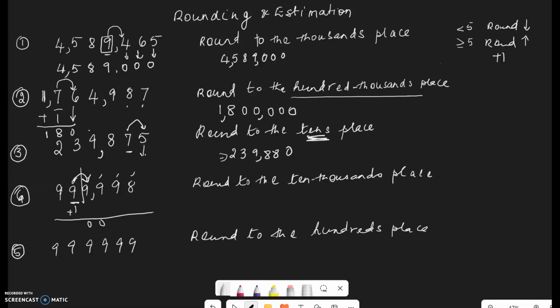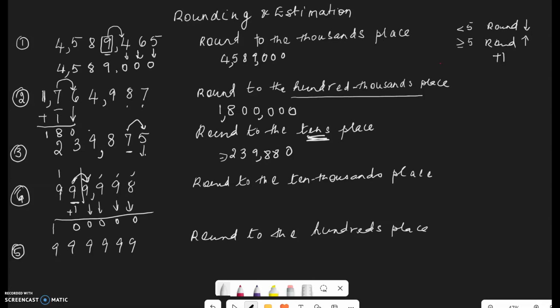Just match up the zeros to the digits after the 10,000s place. Now 9 plus 1 is a 10. So we need to carry that 1 over.